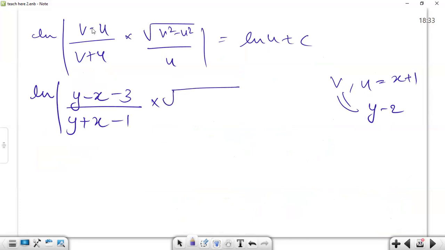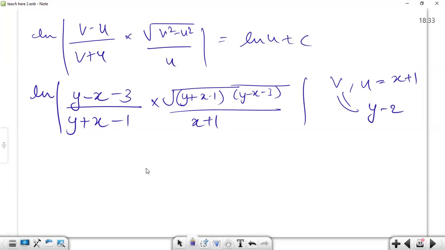What we'll simply do is these two terms are getting multiplied by each other, so let's write it like that only. Over u, it was x plus 1, equals logarithm of u plus c, where u is x plus 1, plus c. So this should be our answer.